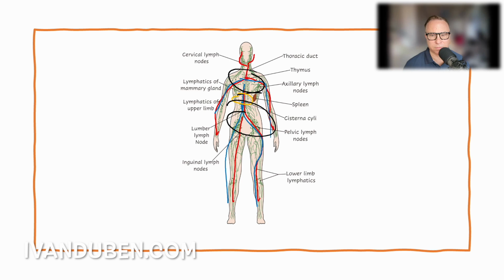When there's an imbalance between the upper and lower pressure gradients, we're going to have stagnation of lymph. When that lymph stagnates, there are aspects of the body where the lymph will collect.